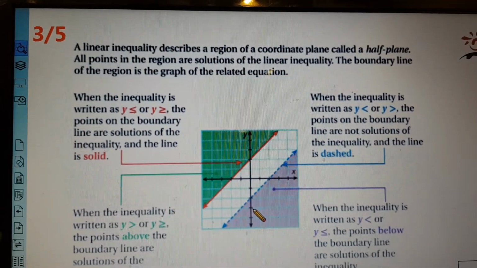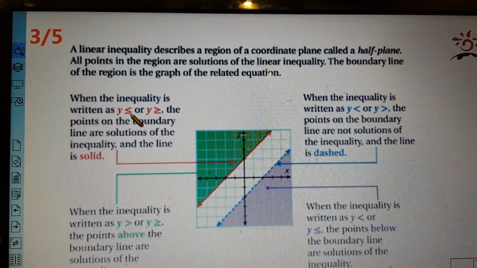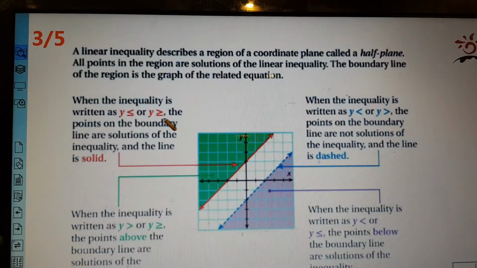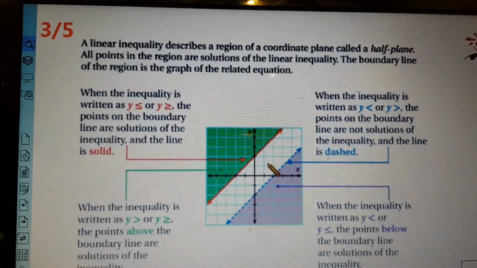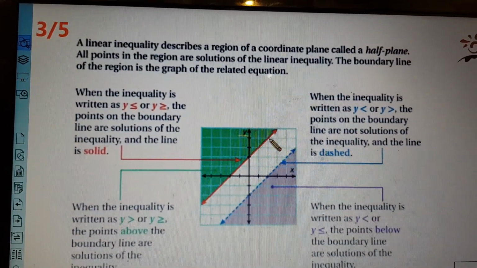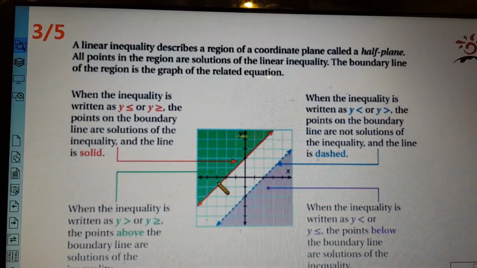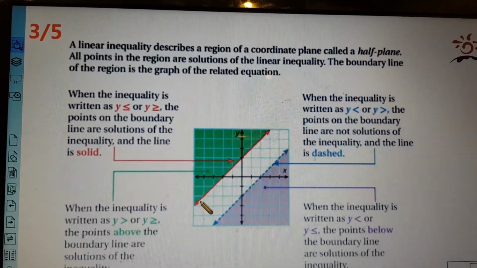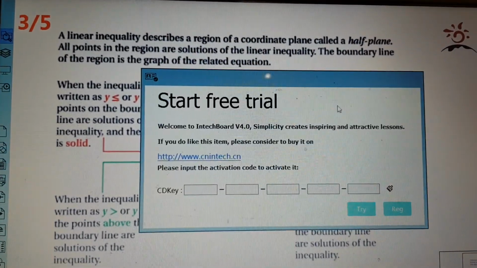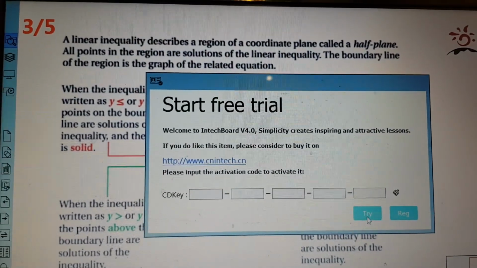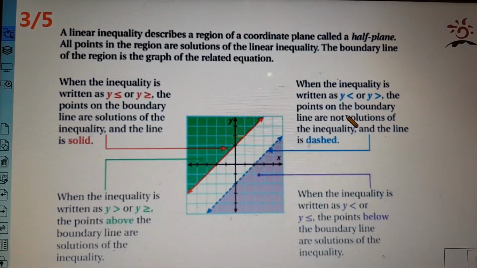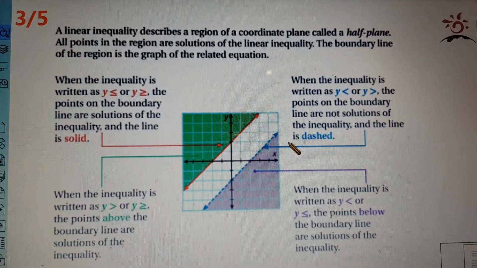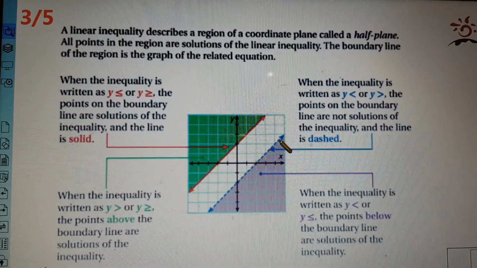Then, if you have the equal sign, you should draw a solid line. If you don't have the equal sign, you should draw a dashed line.